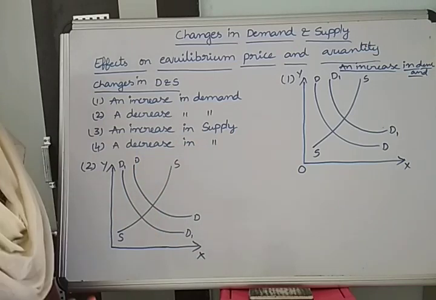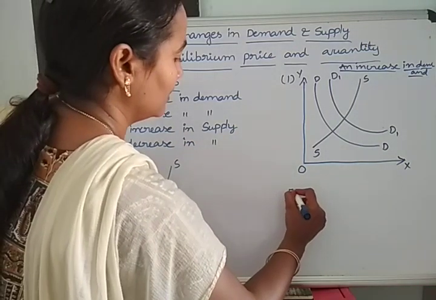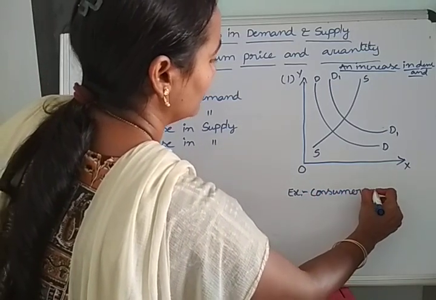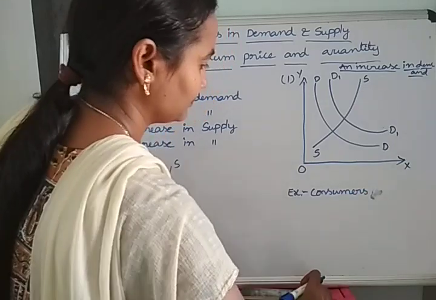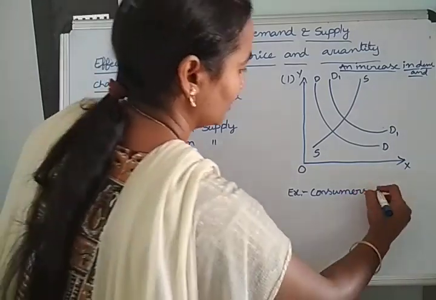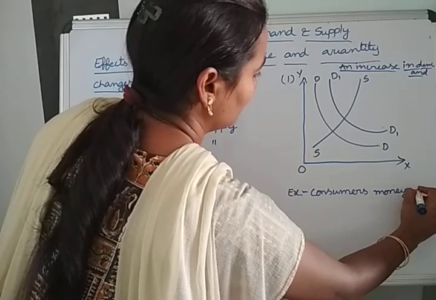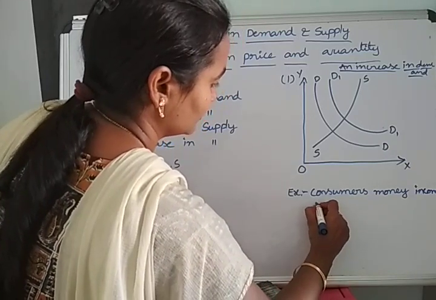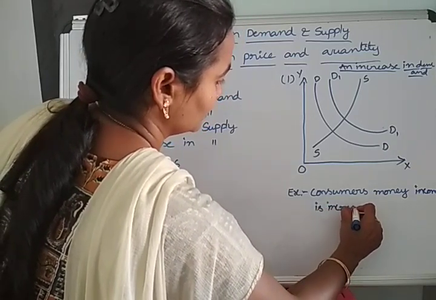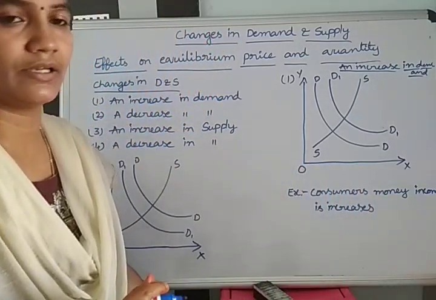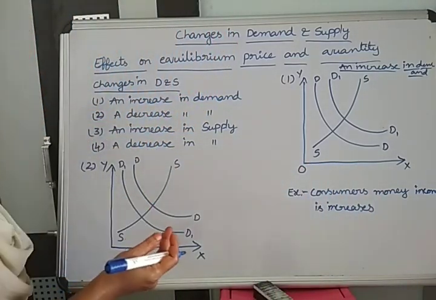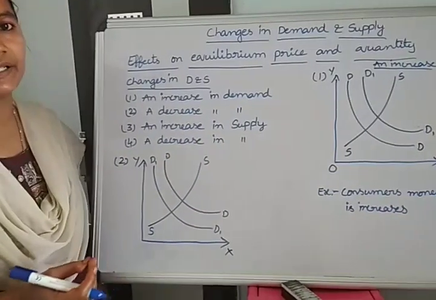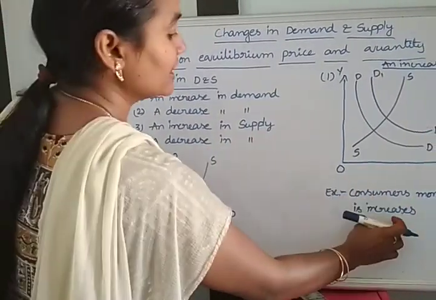For example, if the consumers' money income increases, then automatically they purchase more quantity of goods and services. We see an increase in demand. This is based on this example.